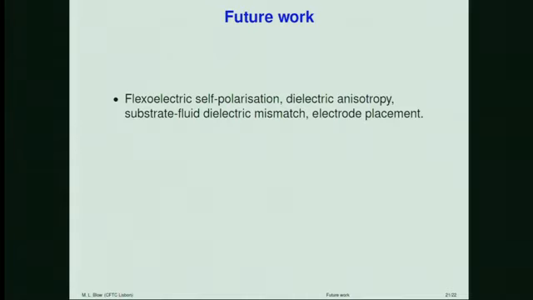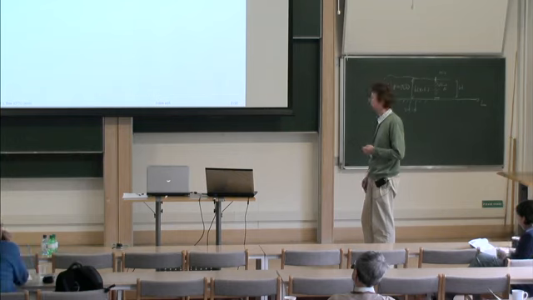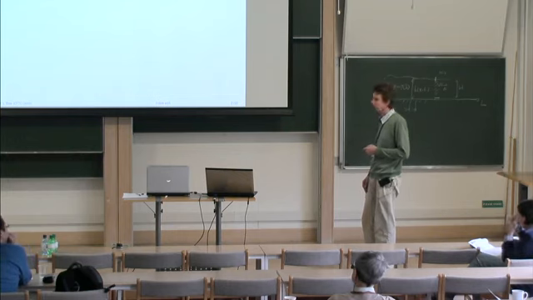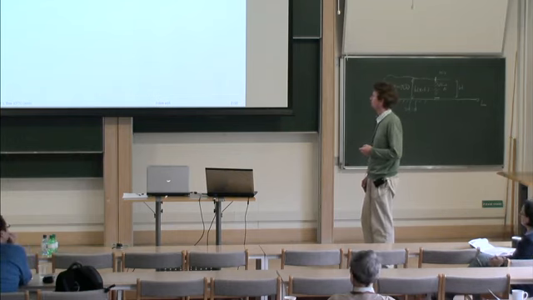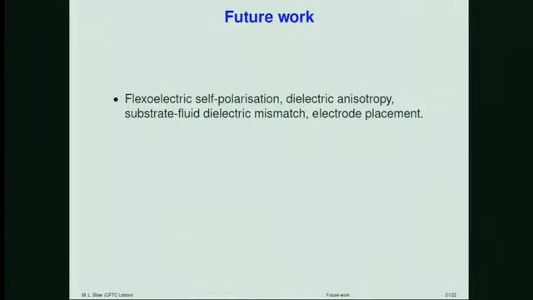So we need to look more carefully at the exact details of the electric field, because here we've assumed that the electric field is constant, and what we need to do for a more thorough treatment is to solve Maxwell's equations taking account of the flexoelectric self-polarization, the dielectric anisotropy, differences in the dielectric coefficient between the substrate and the fluid, and looking at placing electrodes within the system rather than just applying an external electric field.